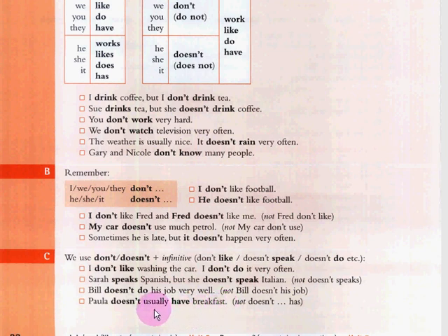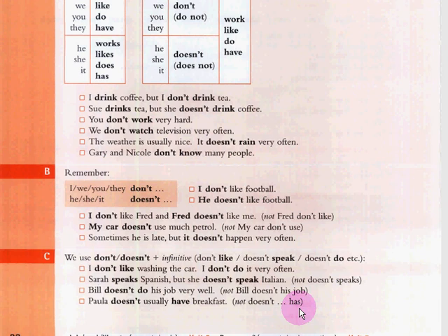These are your adverbs of frequency. Usually. So remember that after don't or doesn't, we put the adverb of frequency and then the verb in the base form. So that makes our sentence: Paula doesn't usually have breakfast. You don't say doesn't and then has. Alright?